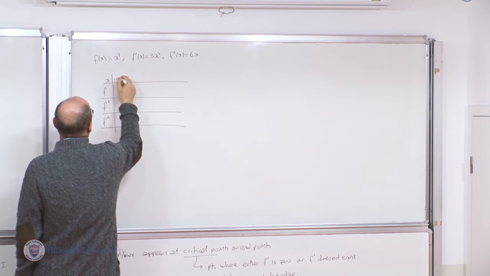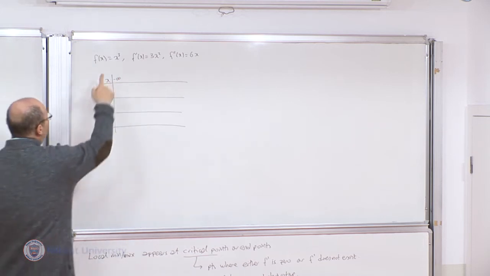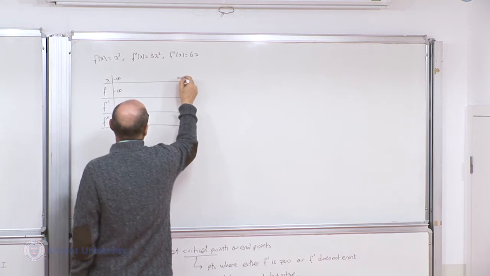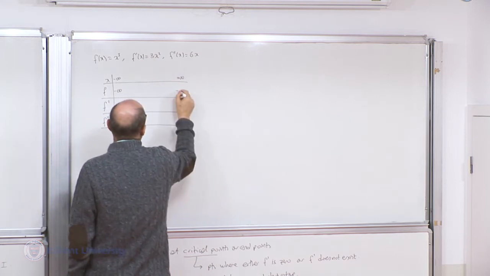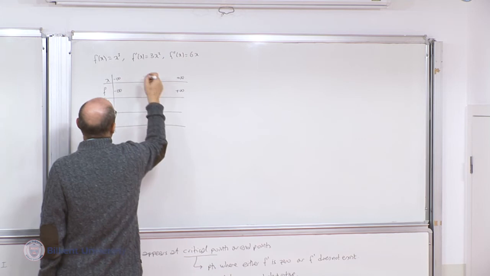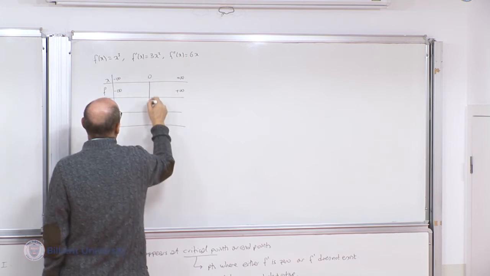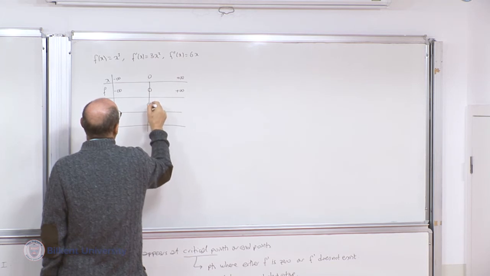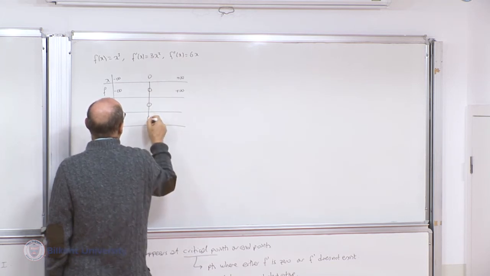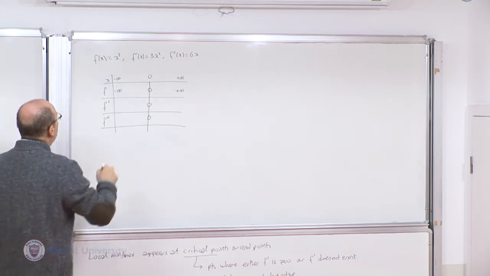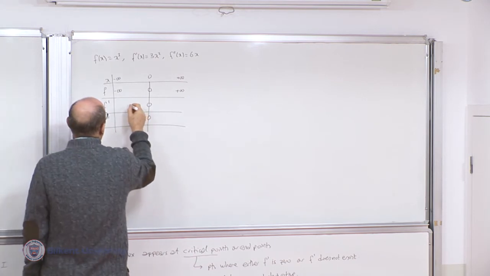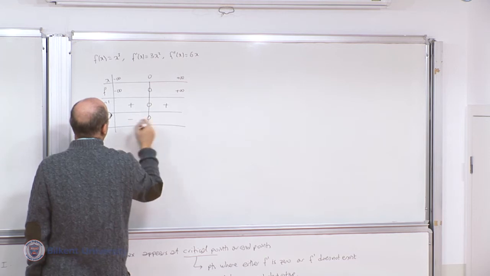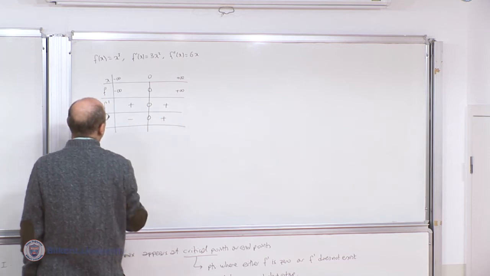Okay, when x goes to minus infinity, this becomes minus infinity. When x goes to plus infinity, this becomes plus infinity. And f is 0 at 0. f prime is also 0 here. f double prime is also 0 here. And f prime is always positive. f double prime is negative here, and it is positive here.